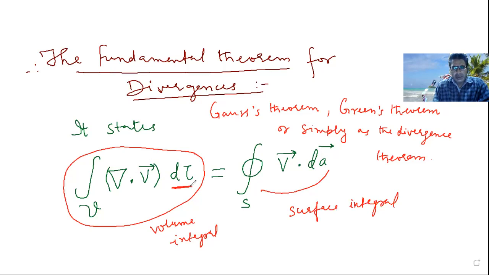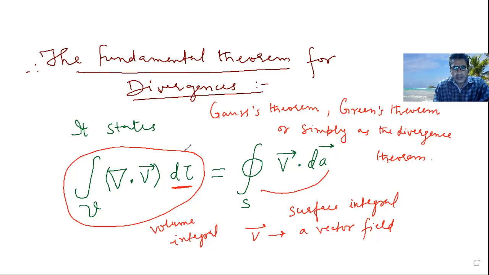This is the volume integral, this is the surface integral. Now V here is some vector field. That means we have a space, and at every point of that space, this vector field V has a value, right?